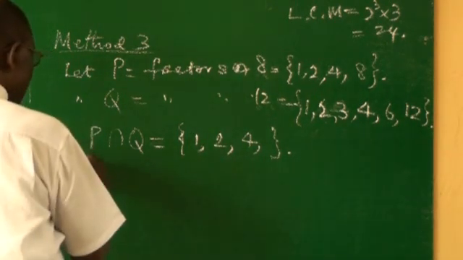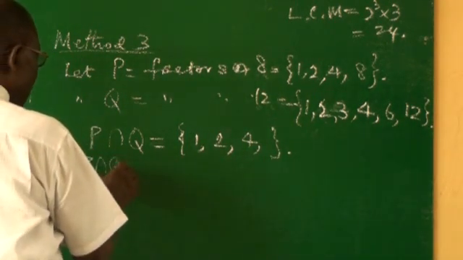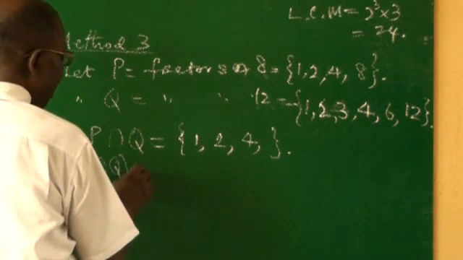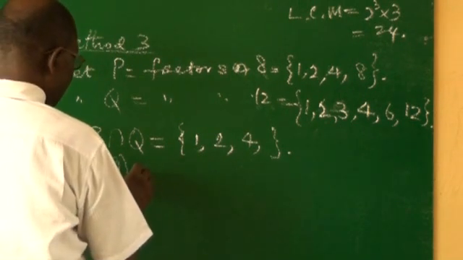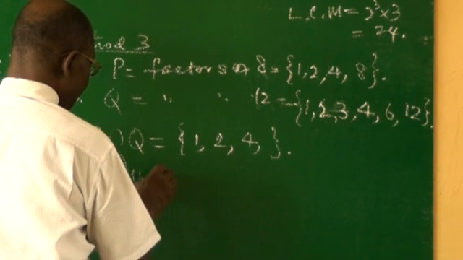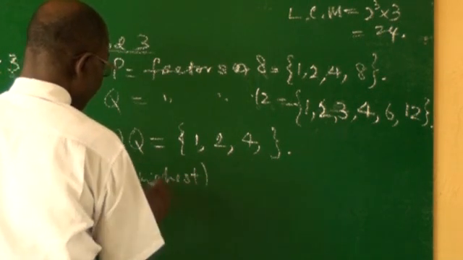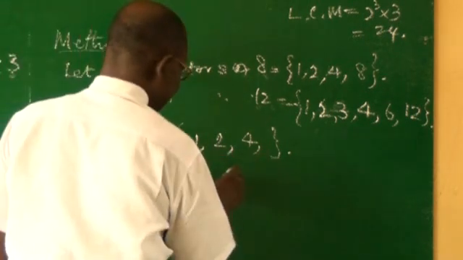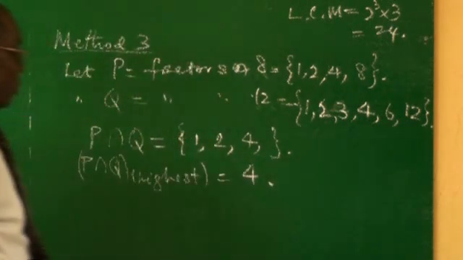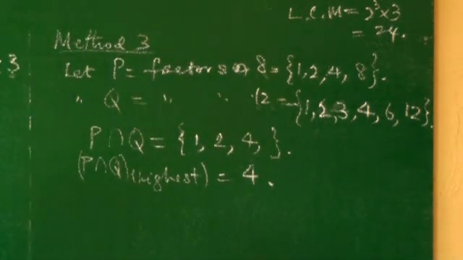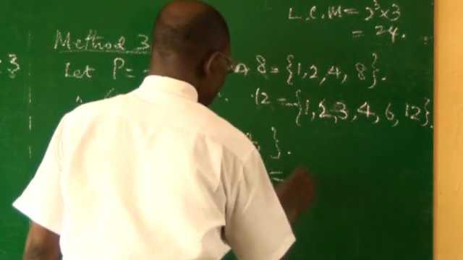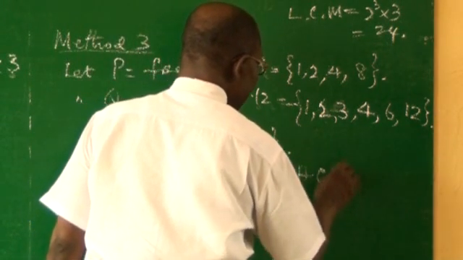Then let us see what happens. P intersection Q, the highest factor in this set, is 4. As you can see, what is this 4? This 4 is nothing but the HCF.